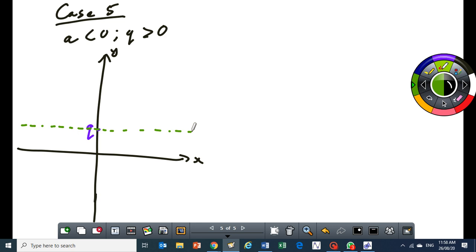Since a is negative, it means the first curve will be in the second quadrant. The second curve will be, now look here, in our fourth quadrant. Our fourth quadrant is going to be that one there. Okay? Which means we can have an x-intercept.